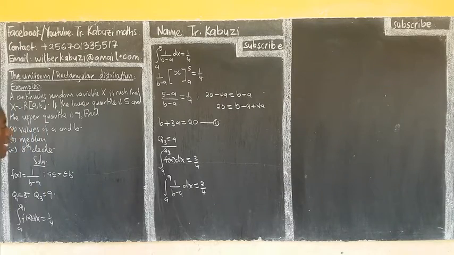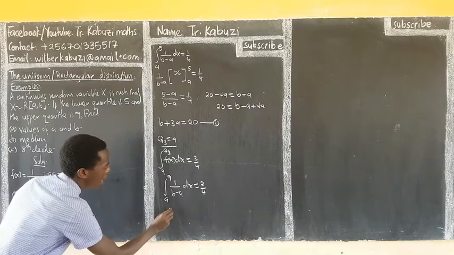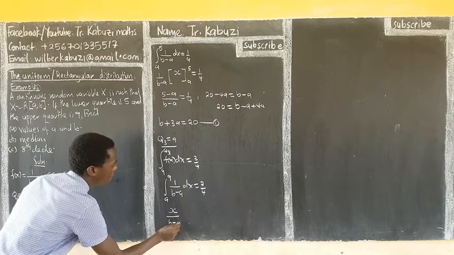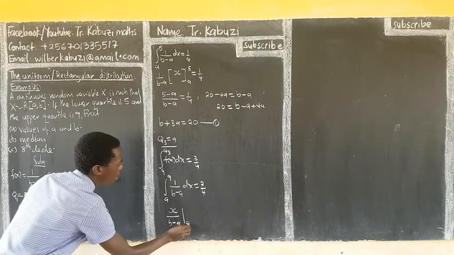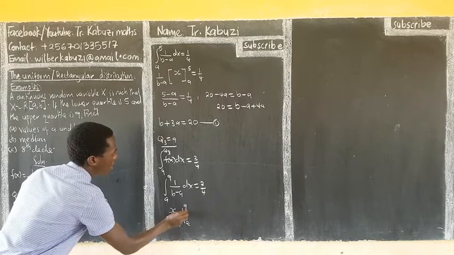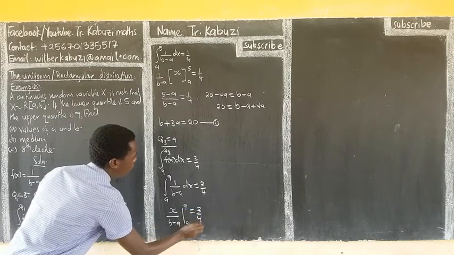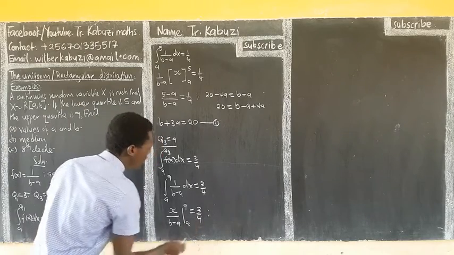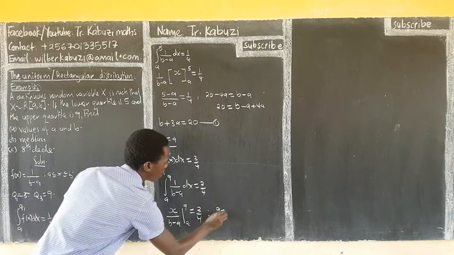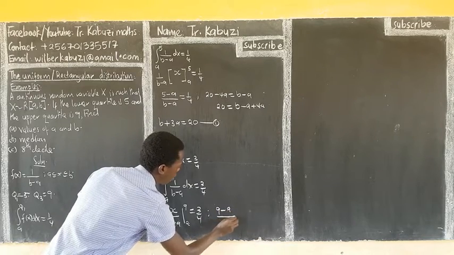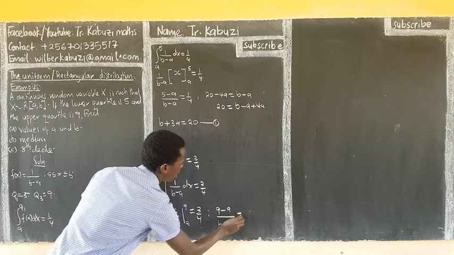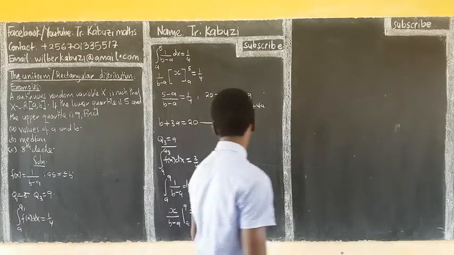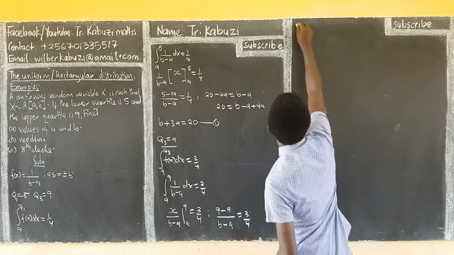To interpret this, we have x over b minus a from a to 9 equaling 3 over 4. Let us substitute in that limit. When we substitute, we have 9 minus a over b minus a equaling 3 over 4. So can we cross multiply? Cross multiplying here, I have 36.